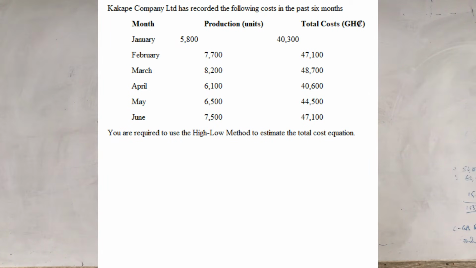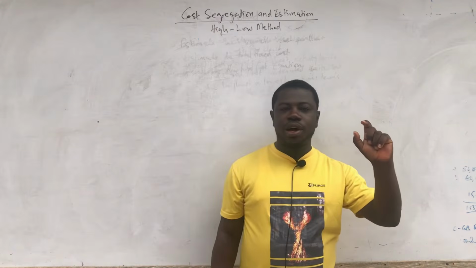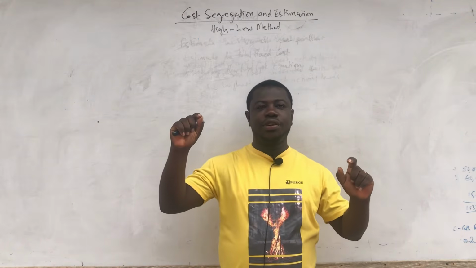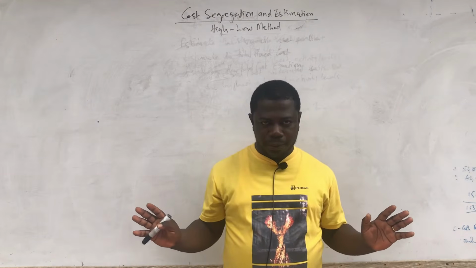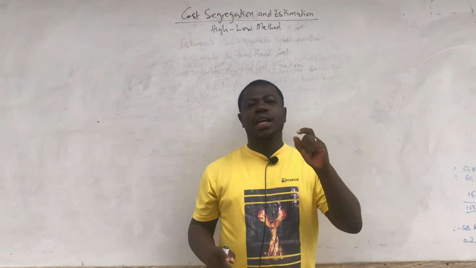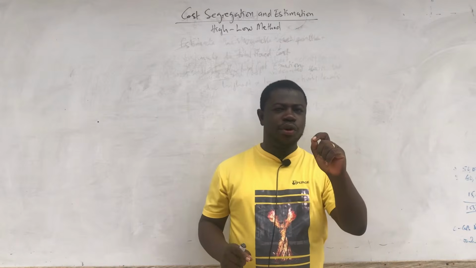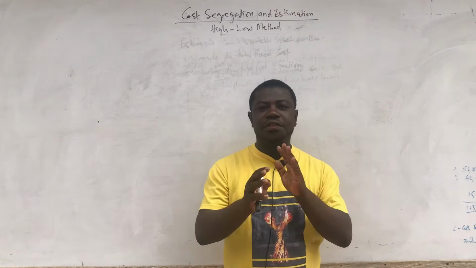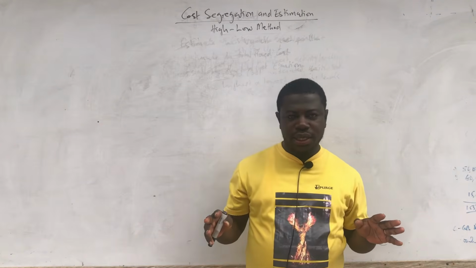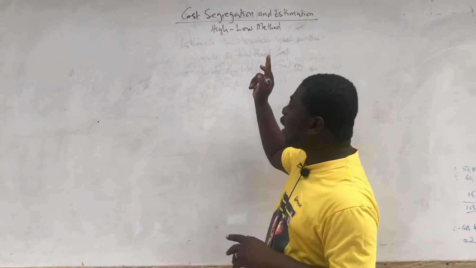And so we are going to pick the 8,200 units and the 5,800 units for whatever we are going to do. The others will not matter again. Take note that the moment you identify the highest level and the lowest level and pick them for your work, the rest you don't even visit. They are not important. That is why we call this the high-low method.